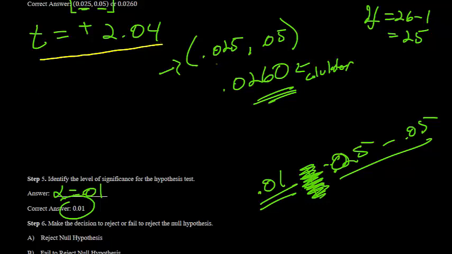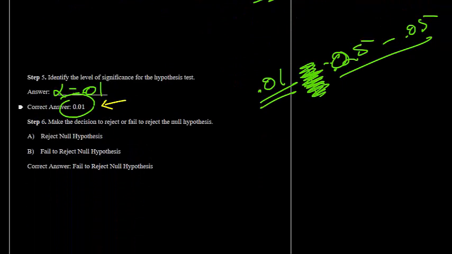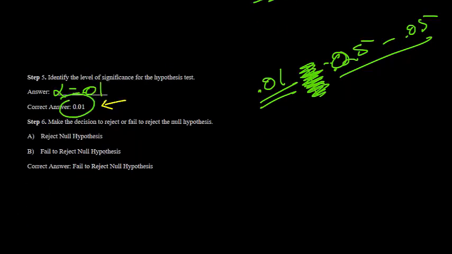And we find that the p-value under 2.04 is somewhere between this one and this one. So it's bigger than 0.025. But our scientist says I need it to be at least 0.01, so it's got to be smaller than 0.01. And because it isn't smaller than 0.01, we fail to reject the hypothesis.